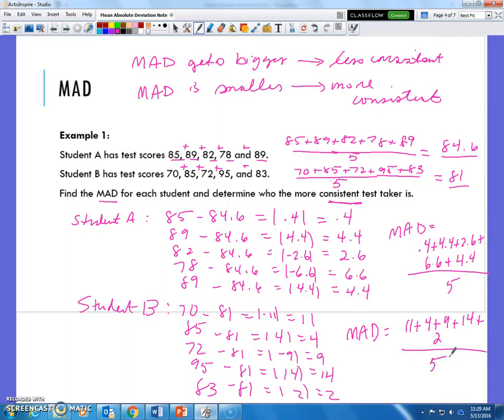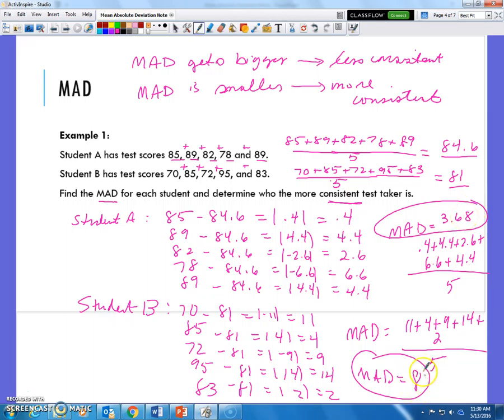Whichever mean absolute deviation is smaller, that's the more consistent test taker. So I'm going to pause the video again and do that calculation. I calculated the average of the difference of the scores from the mean. Student A had a mean absolute deviation of 3.68. Student B had a mean absolute deviation of 8. That means student A was closer to his average on every test he took than student B was.